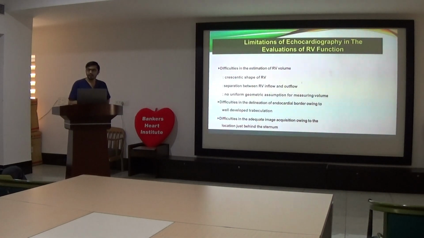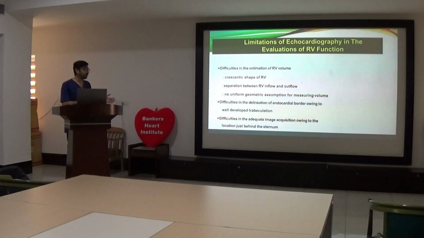Now, after anatomy and physiology, we discuss the limitations of echocardiography in the evaluation of RV function. There is difficulty in establishing RV volume. Why? Because of the shape of the RV. It is crescent in shape, with separation between the inflow and outflow, and there is no uniform geometric assumption for the RV.